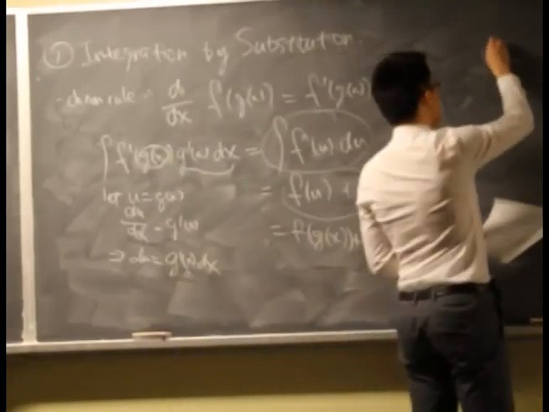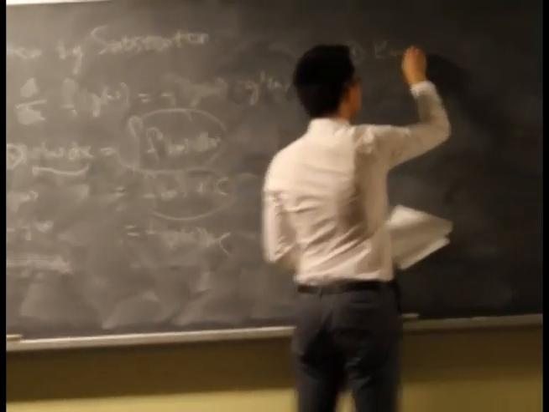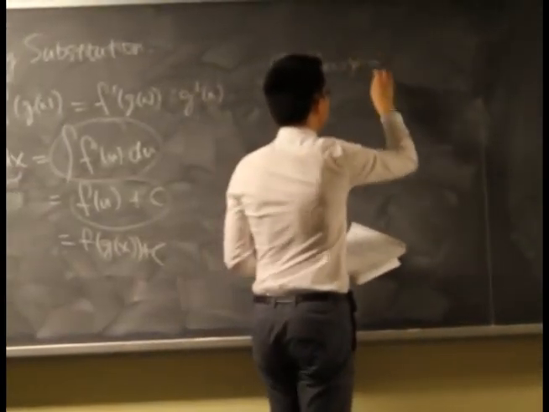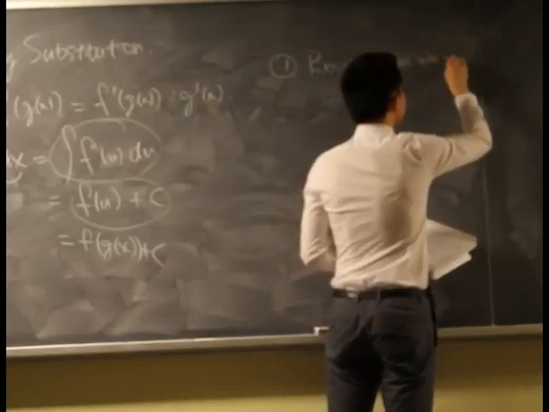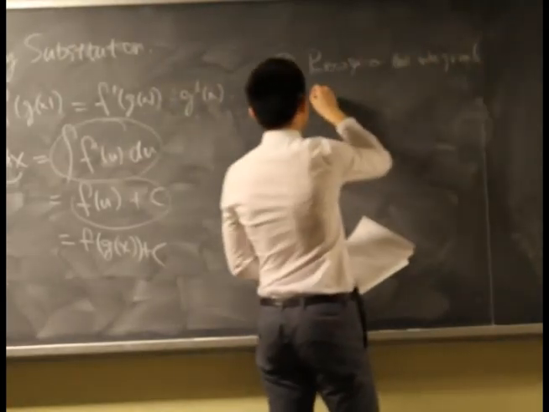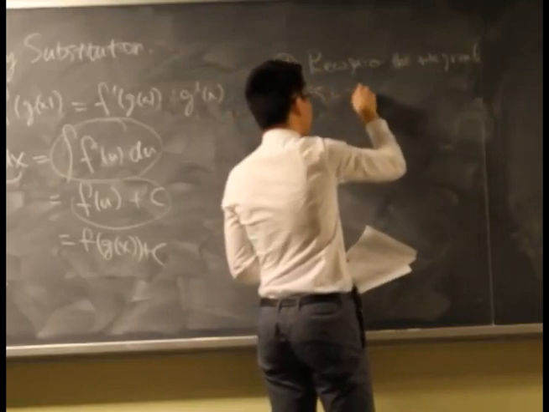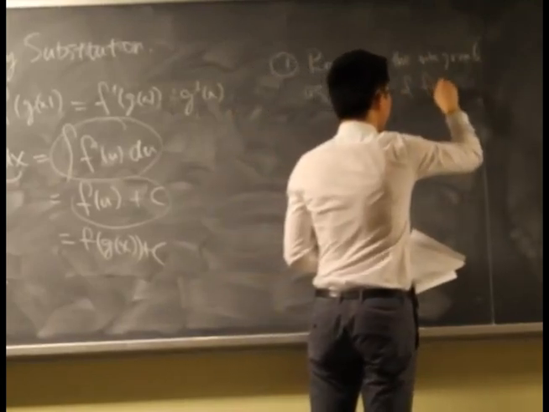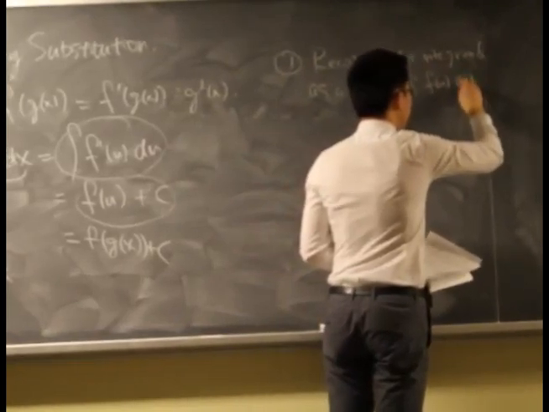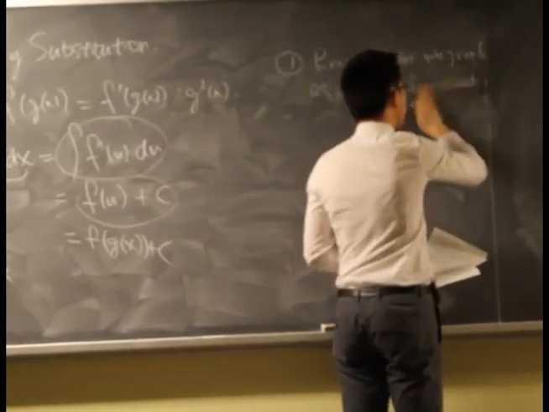So I'm going to write down 3 steps here. The first step is to recognize the integrand as a product of a function of u and its derivative.